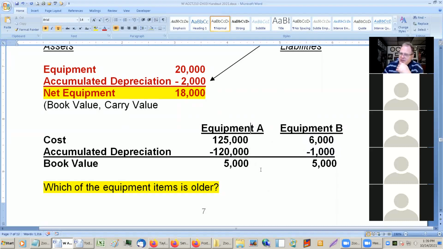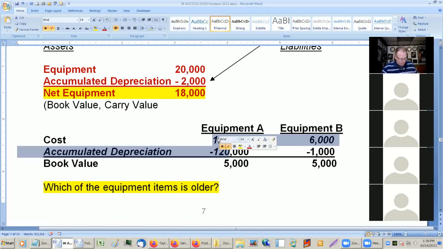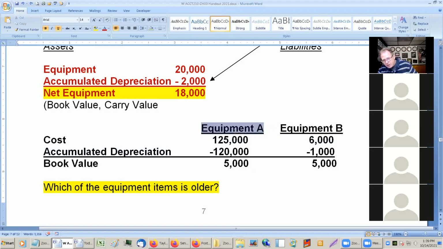Now let's take a look at this from a management point of view. If you're a manager looking at this, this one worries you, because it's much older and it probably needs to be replaced soon, right?